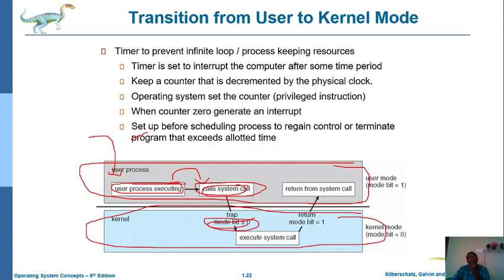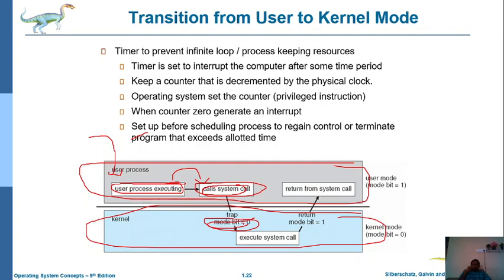If the mode bit value is 0, then it immediately sends the interrupt signal. If the mode bit is other than 0, it waits until it gets 0. What does the mode bit mean? It tells whether the kernel mode is currently running any instruction or not. If it is currently running a process, the mode bit value is 1.